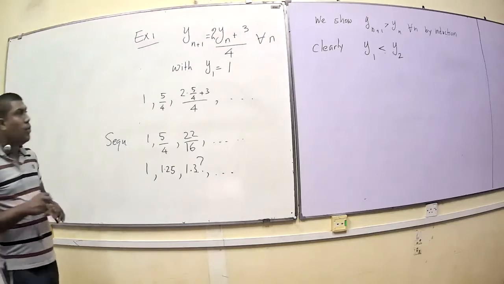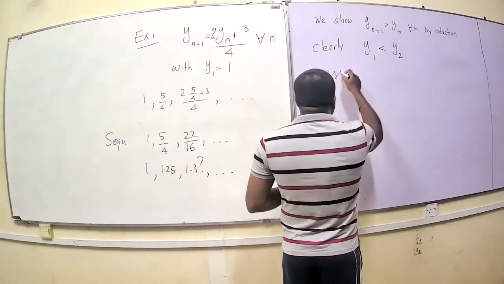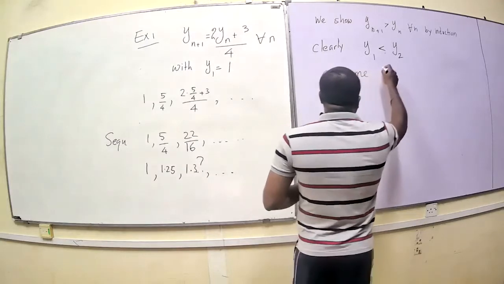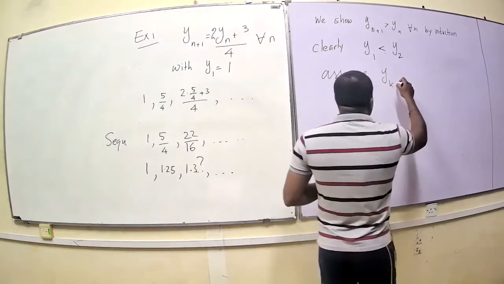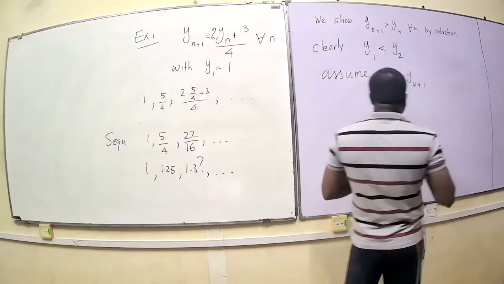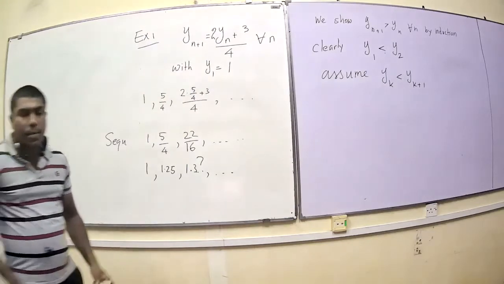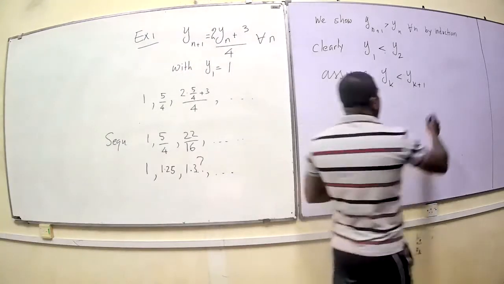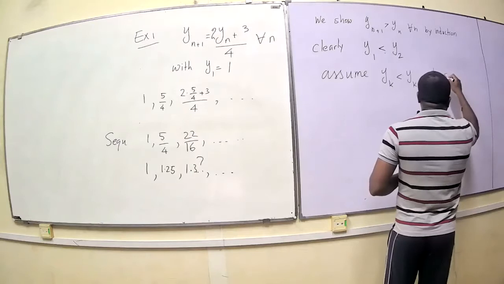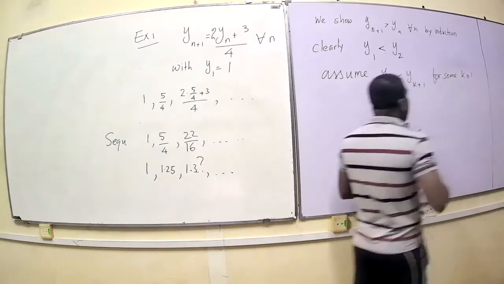So now you have to assume that it is true for some k step. So we assume yk is less than yk plus 1 for some k greater or equal to 1.